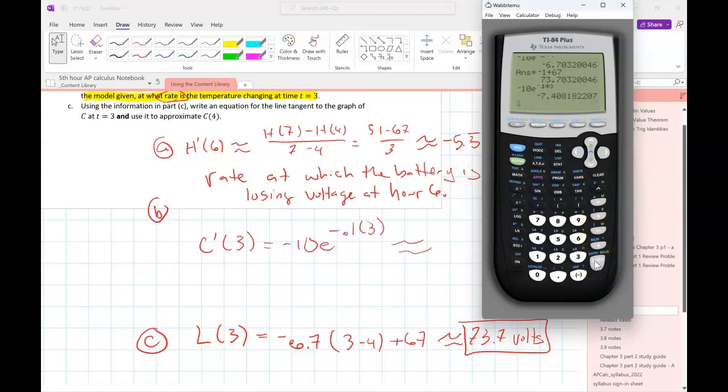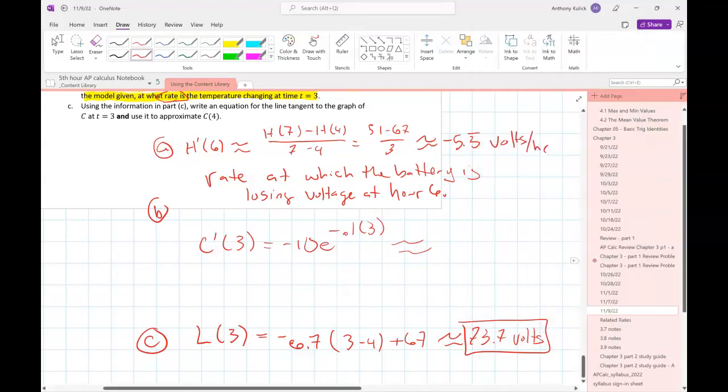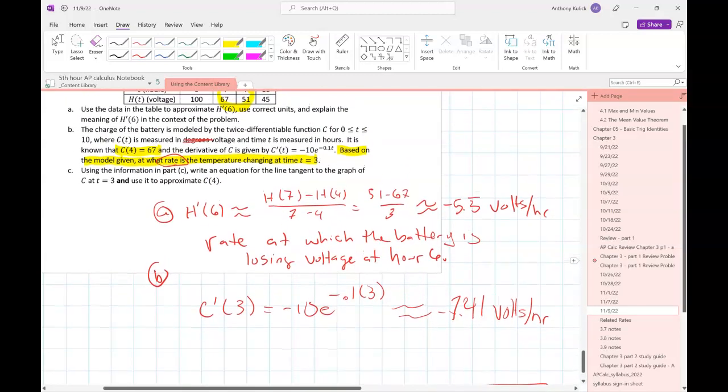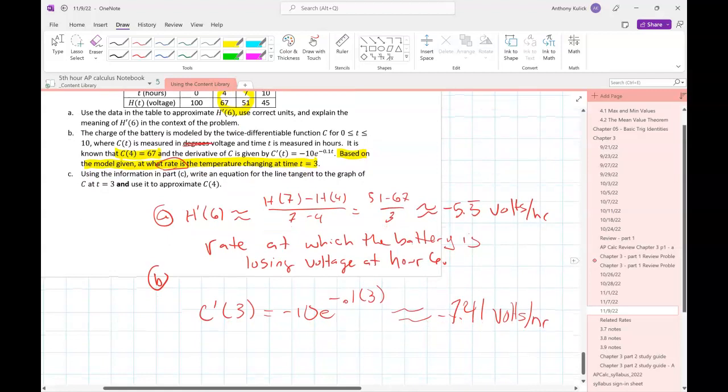So negative 7.41 volts per hour. And then I think that I just screwed this up.